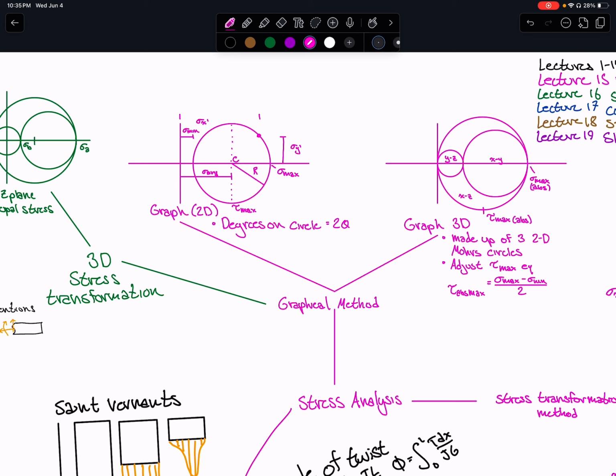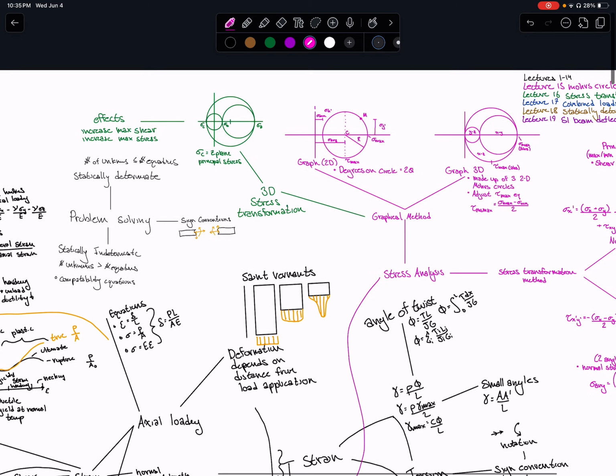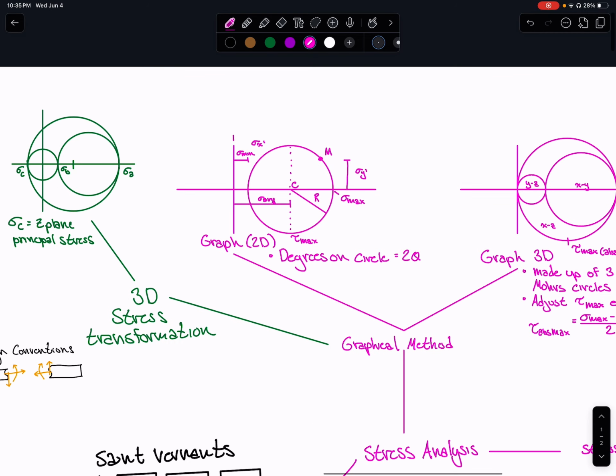We have a point on the circle, a reference point, which we can call M here, where M is the location of a point on the circle, usually given by the original shear and normal stresses. From there, we can find the radius of the circle and thus find the maximum and minimum stresses.